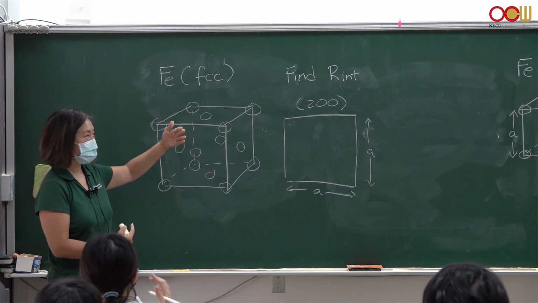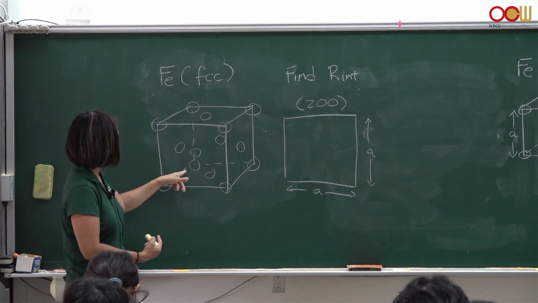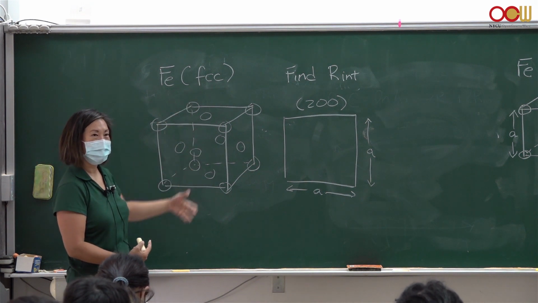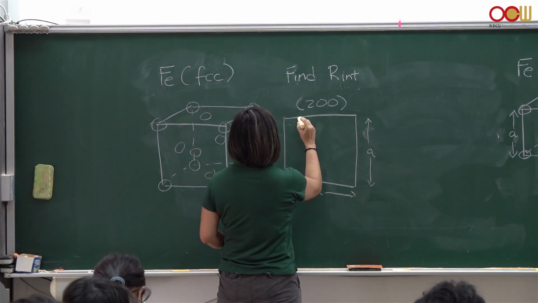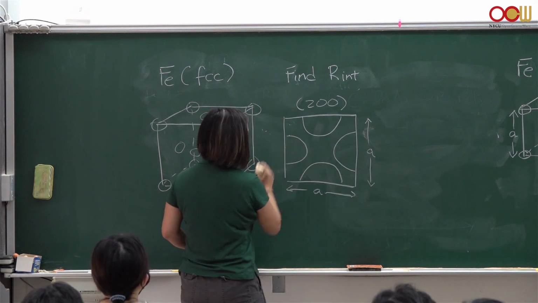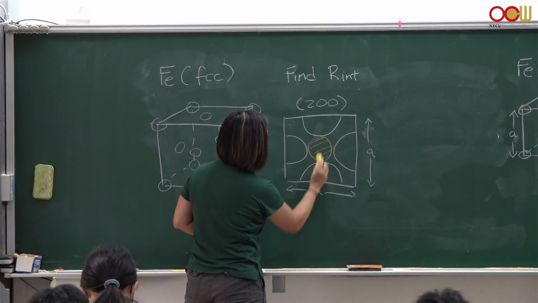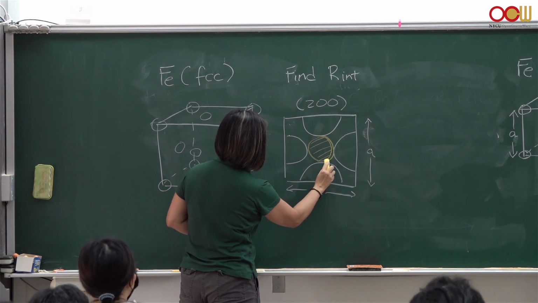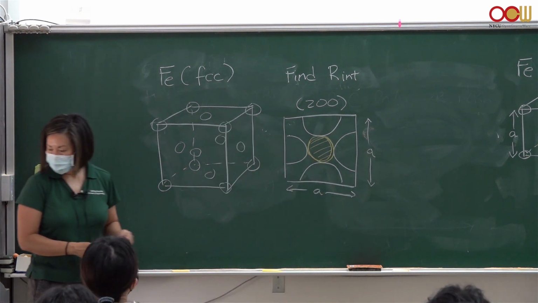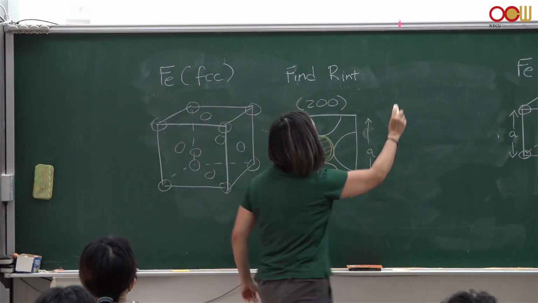It intercepts x at the 1/2 position. So this is the middle. And if I were to draw it, it's touching. The size of our iron atom is still the same, 0.17.